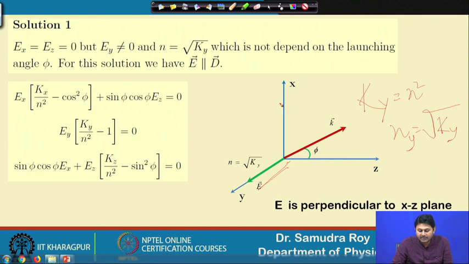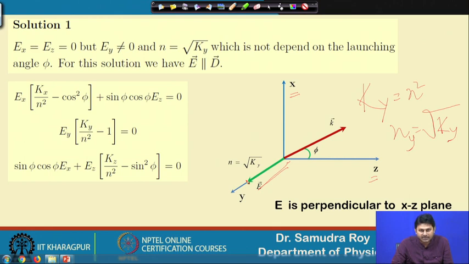But here we find that even if I launch the electric field in some different direction, in the x z plane but not in the k direction, the electric field can be in the y direction, perpendicular, and it will experience a refractive index K y and propagate without any kind of problem.